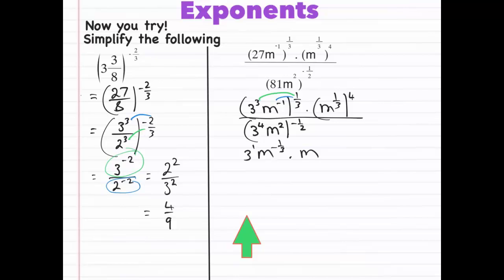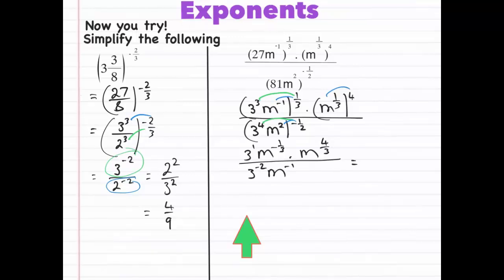Times, and we write the m, and then we will say a third times 4, which will be 4 over 3. And then at the bottom we have, write the 3, 4 times minus a half, that's minus 2. Write the m, 2 times minus a half, which is a minus 1.